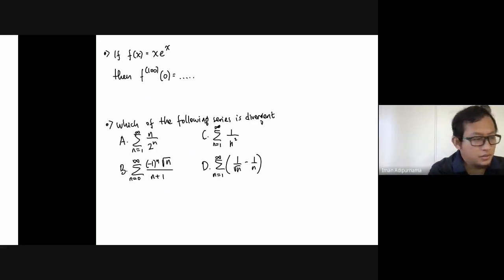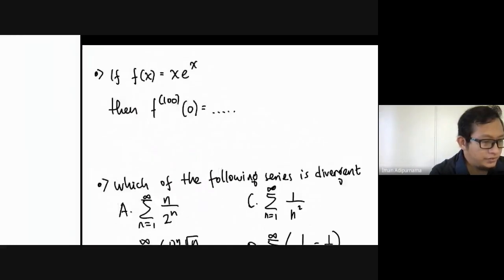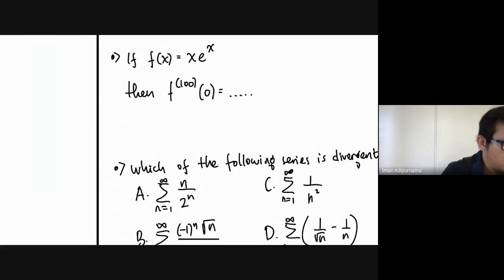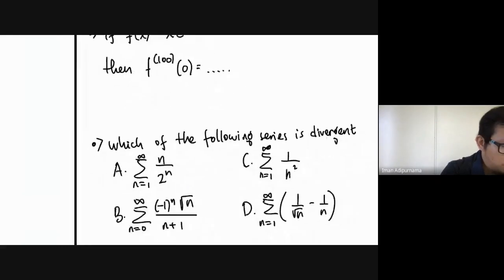Okay, for the first question, we have the function x multiplied by e to the x. And the question is the 100th derivative of the function at x equals 0. This is actually the Maclaurin coefficient, right? How to deal with this one?